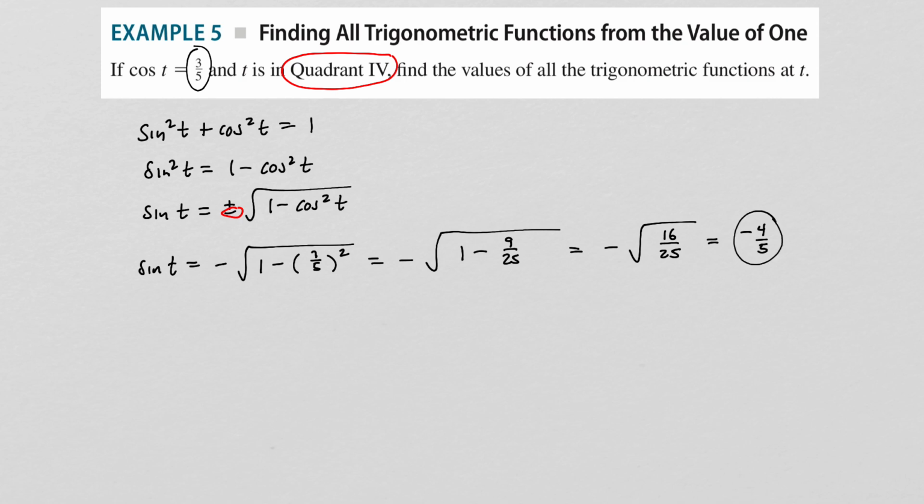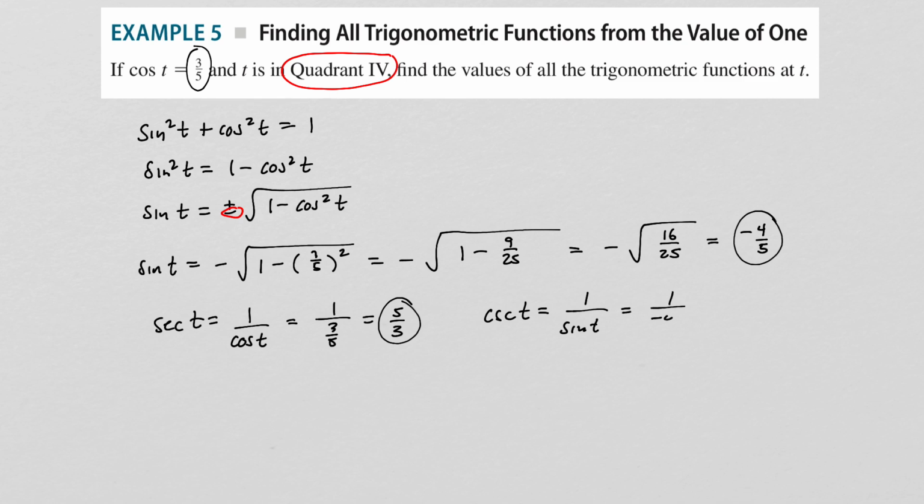Now, once I have the value of sine and cosine, I can find the value of all of the other trigonometric functions. Secant of t is 1 divided by cosine of t, so that's 1 divided by 3/5, which turns into 5/3. Cosecant of t is 1 over sine of t, so that's 1 over negative 4/5, which is equivalent to negative 5/4.